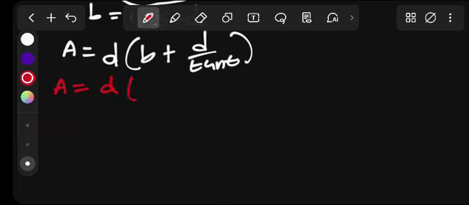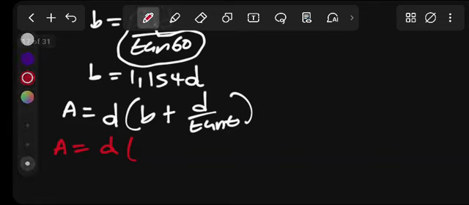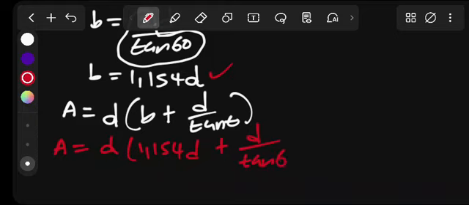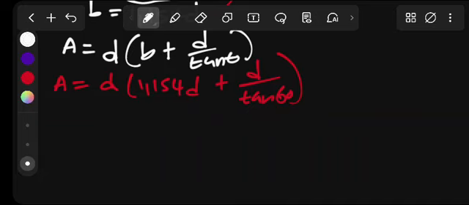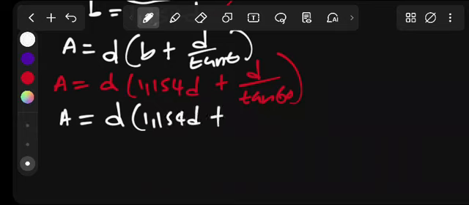B. We can substitute here. Here it's our B. There will be 1.154 D. Now here we have plus D over tan 60. We have our D, 1.154 D plus. Now remember, this is the same as 1 over tan 60, like this.